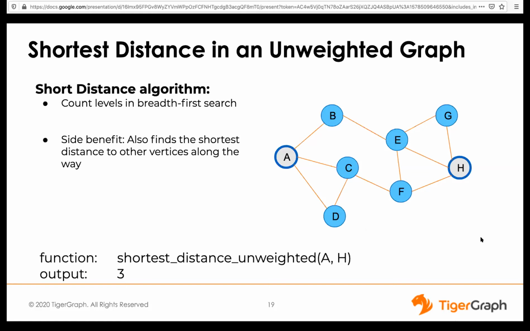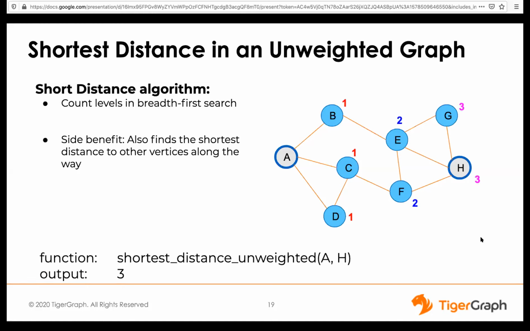So if we click once, you'll see that in one step, it sees that the distance to B is 1, distance to C is 1, distance to D is 1. Another iteration, another click, we see those are 2, and one more iteration, we see those are 3.